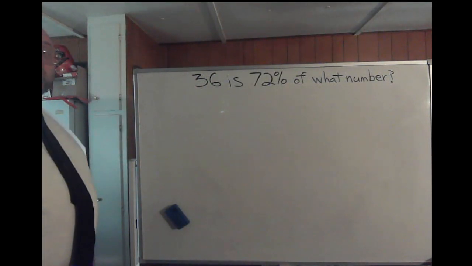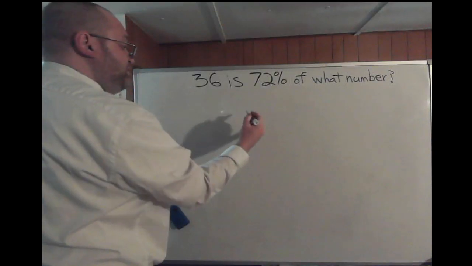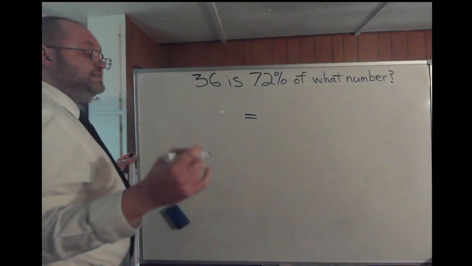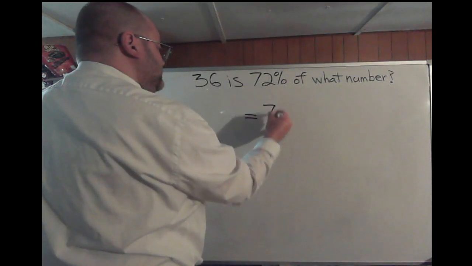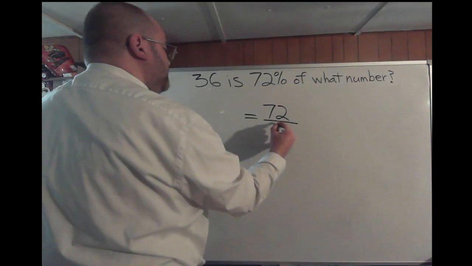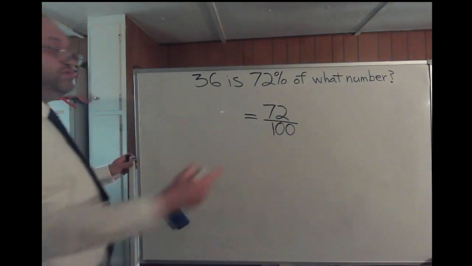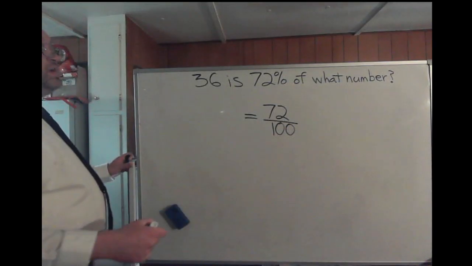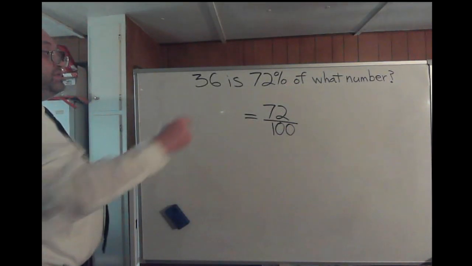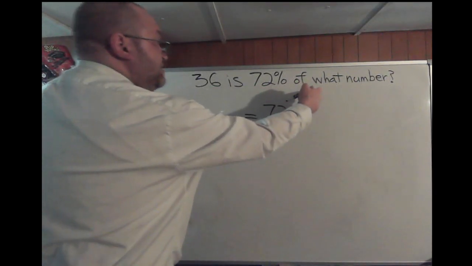Well, let's start with what we do know. We do know 72%, so on the right hand side your ratio is equal to 72 out of 100. That much should be abundantly clear. 72 out of 100 is 72%.